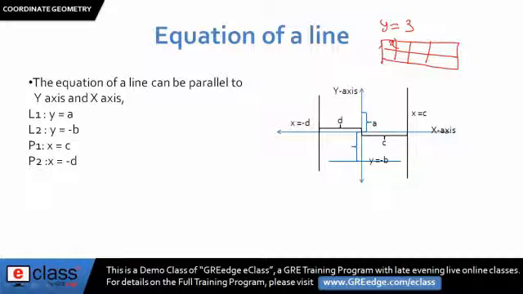Okay, rough values like x, y. So if you take minus 1, 0, 1 for all the x values, the y coordinate is going to be 3. This kind of line is called a constant line, which is parallel to the x-axis. y equal to 3 will be parallel to the x-axis. Similarly, y equal to minus 3 will be parallel to the x-axis. Similarly, you can define x equal to 3 and x equal to 4 and so on.